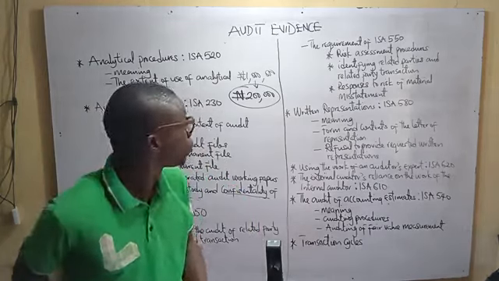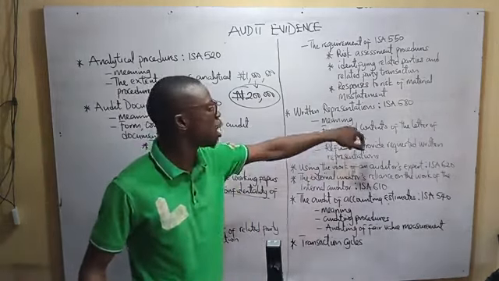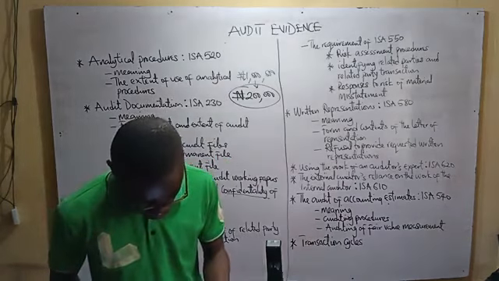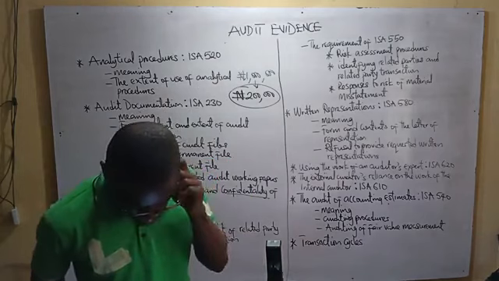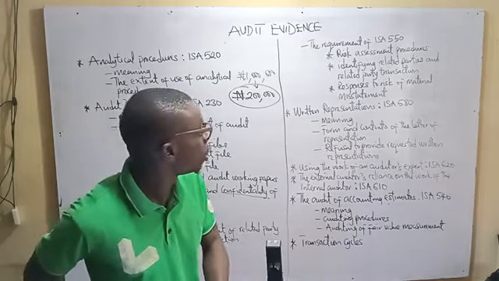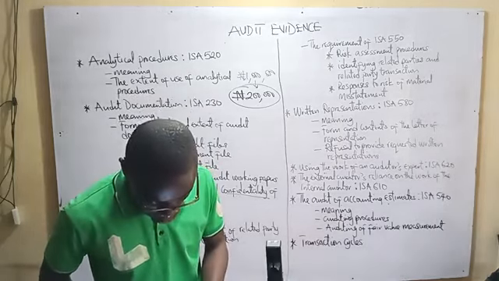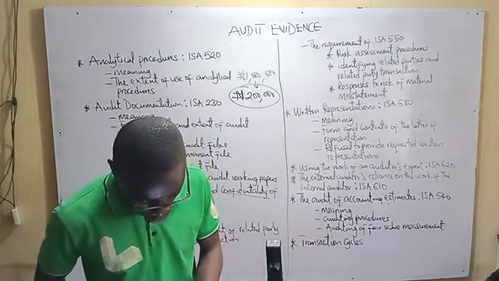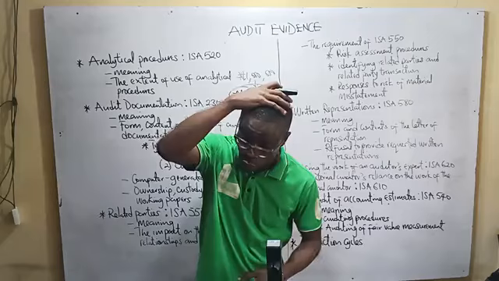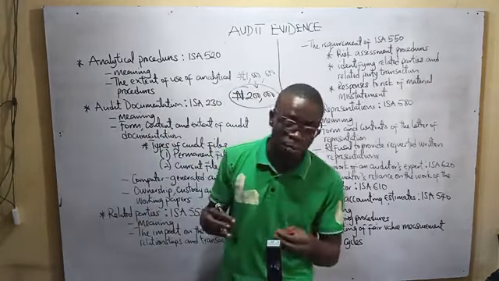Now let's go to the forms and content of the letter of representation. What are the contents and the forms and content of written representation? So let's look at that. I've explained that written representation can be about management responsibility.